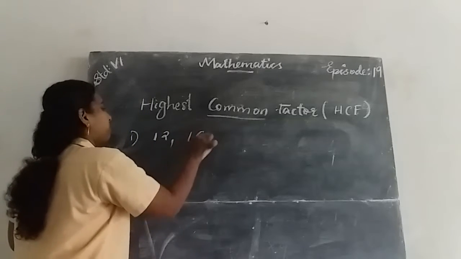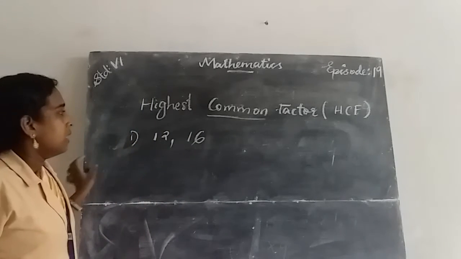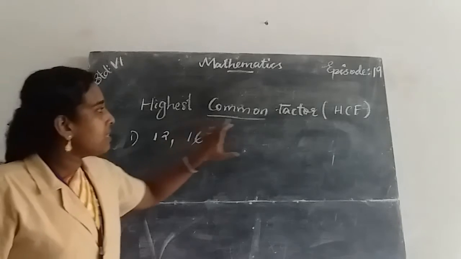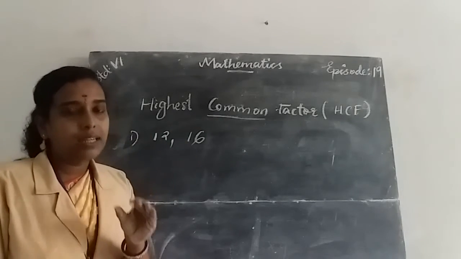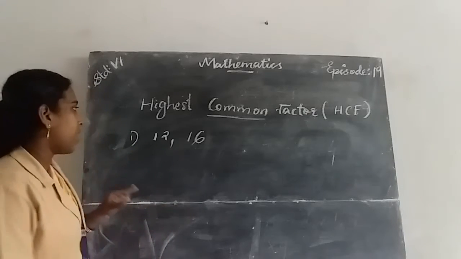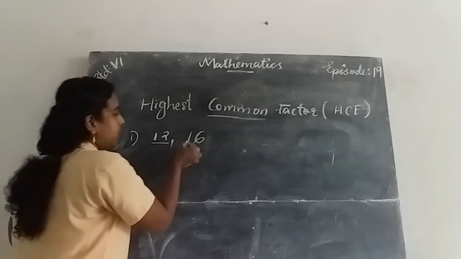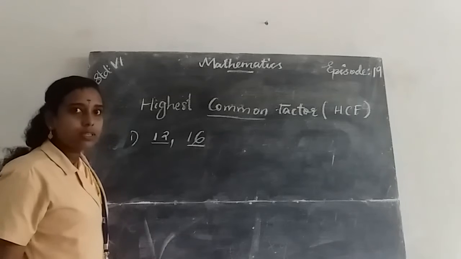For finding that, we take the question 12 and 16. Okay. So this is the question. Find the highest common factor of 12 and 16. For that, first we write the factors of 12, then write the factors of 16.